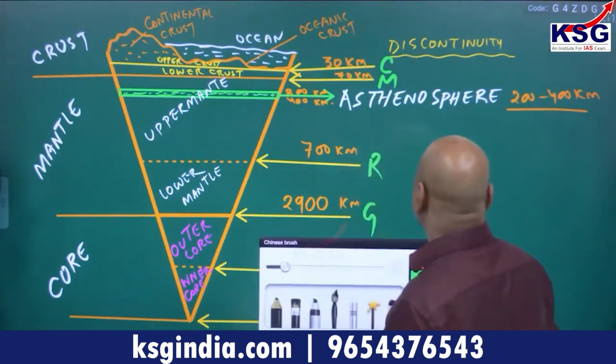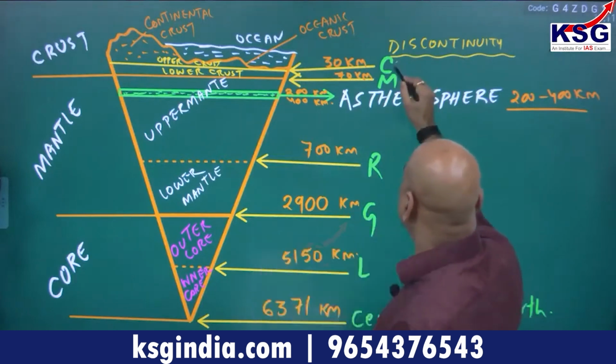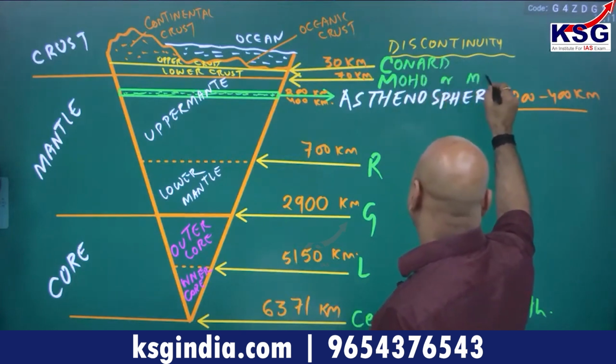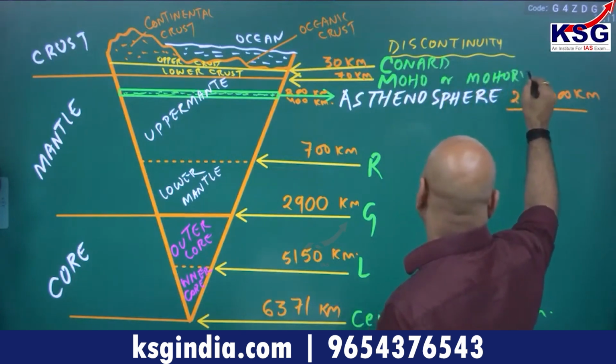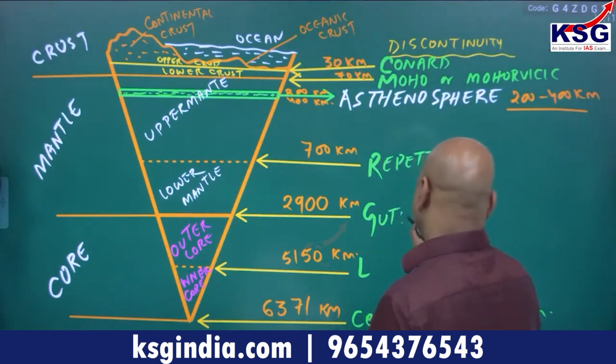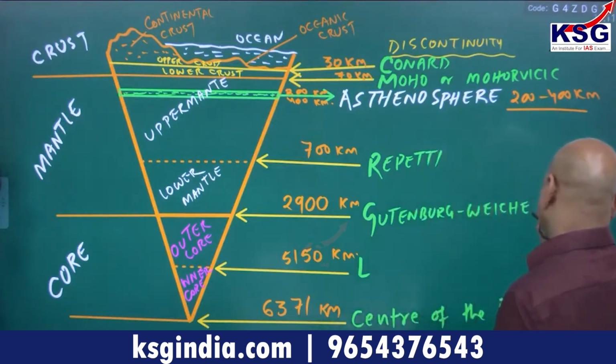By the way, ये जो नाम बोला मैंने ये CMRGL, this is here. You remember this is Conrad discontinuity. This is Moho or Mohorovičić discontinuity. This is Repetti discontinuity. This is Gutenberg-Wiechert discontinuity.